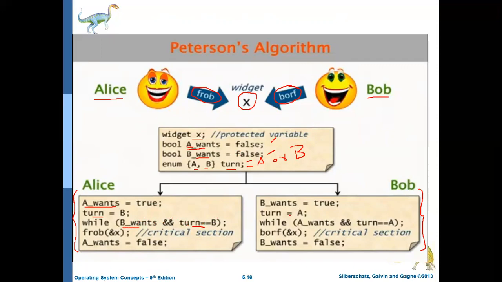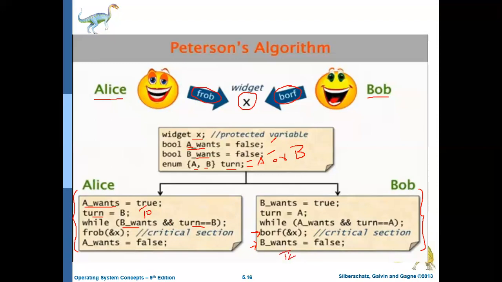So Bob will execute his critical section, which is where Bob is performing borf. Once the critical section is over, Bob will make B wants false. Say at time t0 B wants is true, and at time t4 it becomes false.